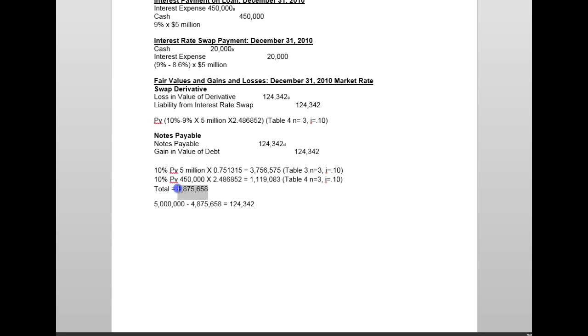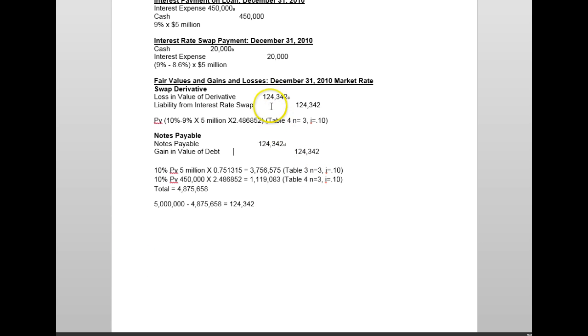If I were to sell this bond on the market, I could only probably get $4,875,000 for it. So I need to mark it down, in essence, so to speak. So my note payable now has a debit of $124,000, and my gain in value of the debt is credited.